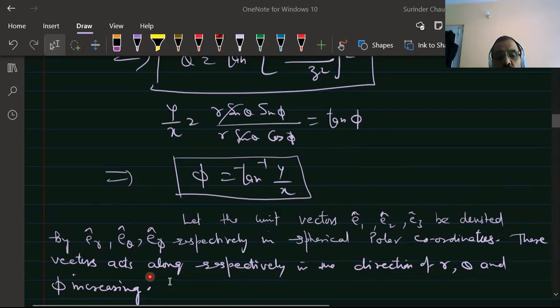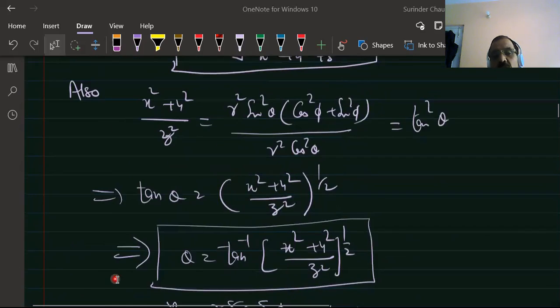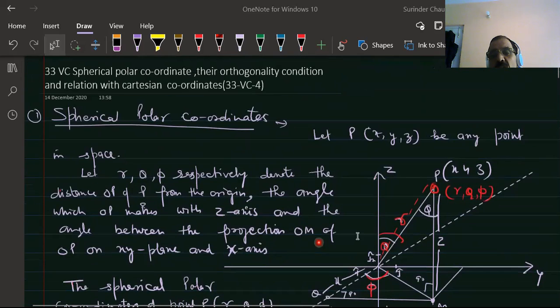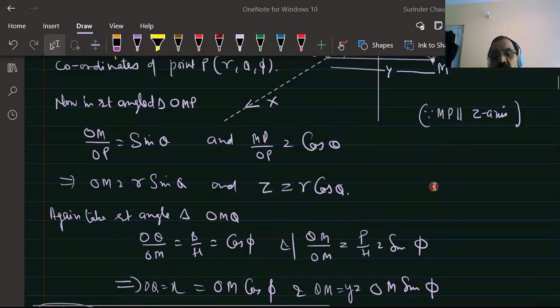These vectors act along the directions of r increasing, theta increasing, and phi increasing respectively, and they all act at the point P.